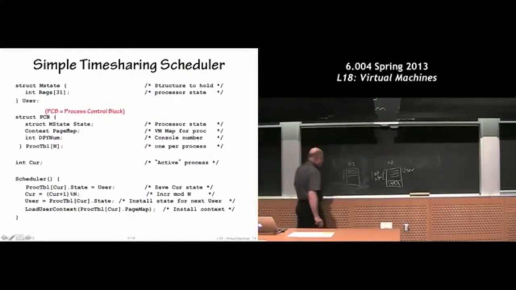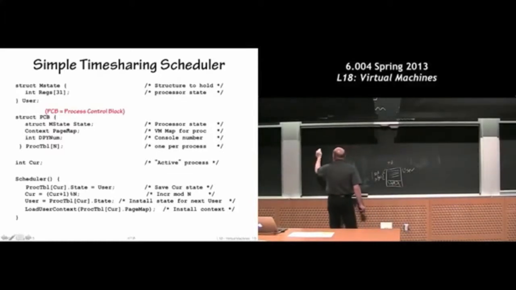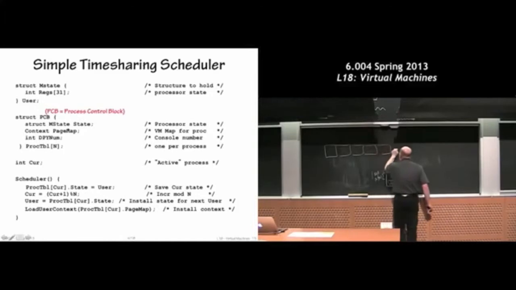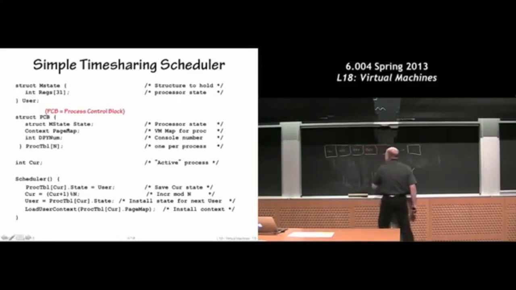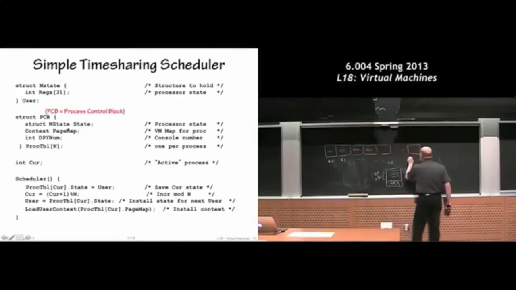I'm actually going to build myself a new array. This process table that looks like this is actually n copies of this user state. So it's a big array of these data structures, and I have something for process 0 and process 1 all the way up to process n.